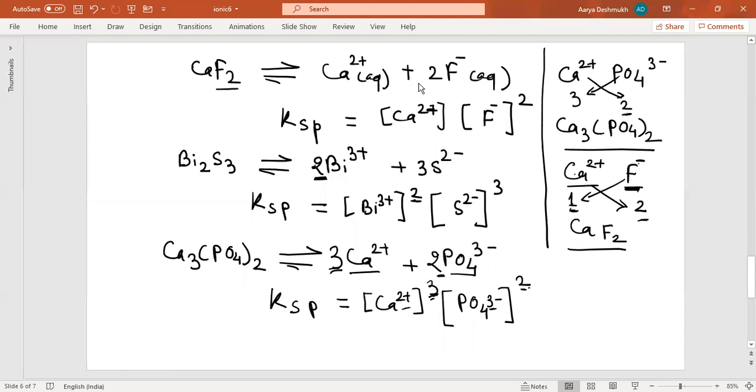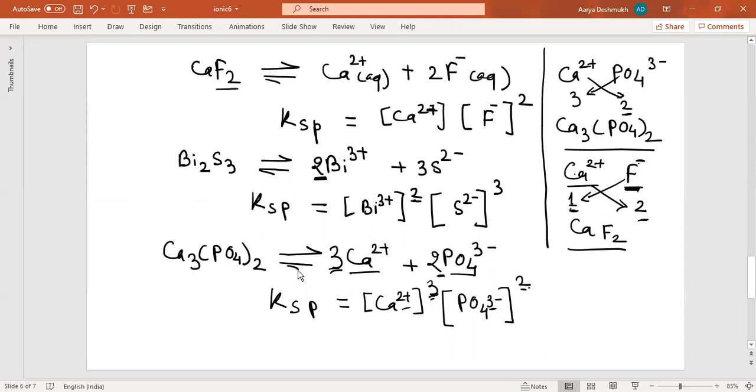This 2 is the stoichiometric coefficient, which is written over here. Now Bi2S3, bismuth sulfide. To maintain the stoichiometry, this should be twice Bi3 plus and thrice S2 minus, isn't it? So the solubility product for this is given by the concentration of bismuth ion raised to 2 and sulfide ion raised to 3. These are the stoichiometric coefficients here.